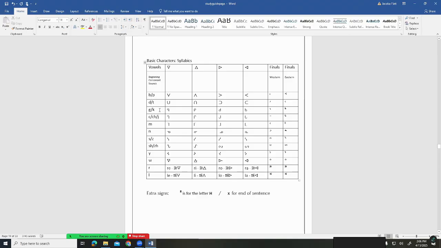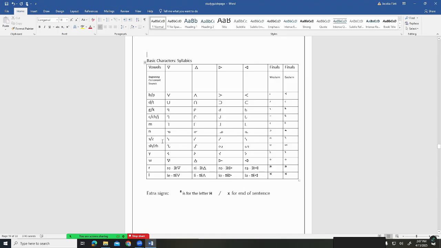And the G sound, Ge, Gi, Go, Ga. And for the Ch, Che, Chi, Cho, Cha. And the M sound, Me, Mi, Mo, Ma. And the N sound, Ne, Ni, No, Na.